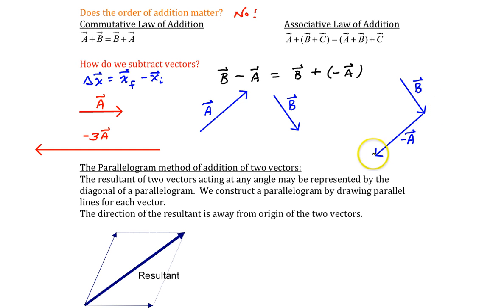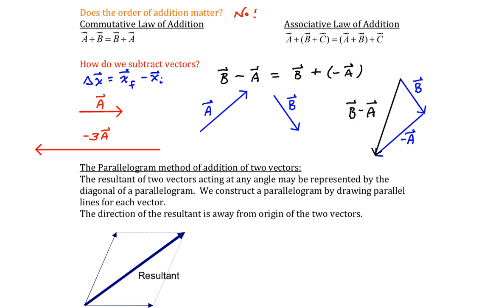Notice that this vector negative A has the same length as A, but is 180 degrees in the other direction. And we know it's in the opposite direction by showing this negative in here. So the resultant of B minus A would look like a vector that comes from the tail of the first vector B to the very tip of our last vector, negative A.